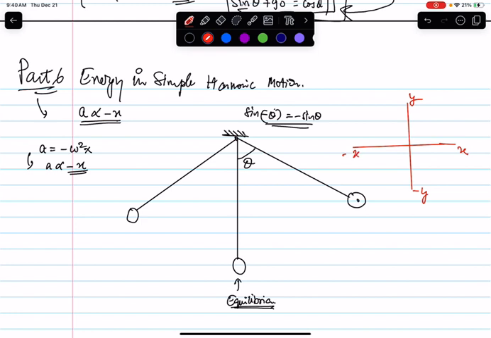So what we can see is that when the pendulum bob is at its maximum position, then right over here, this becomes max height, right? And you're going to see that these two heights on both positions will be the same, okay? So therefore, over here also, you're going to be getting a max height.